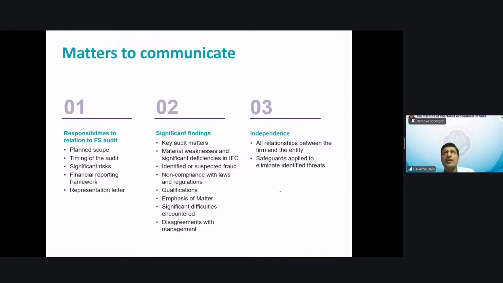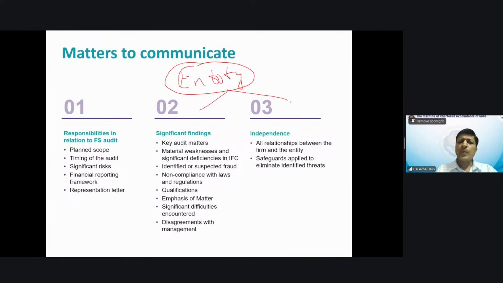So now, for an auditor, the communication is required in respect of certain areas. So it's not about each and every area. Why? Because as far as the entity is concerned, you can say there are two parties the auditor is going to deal with.